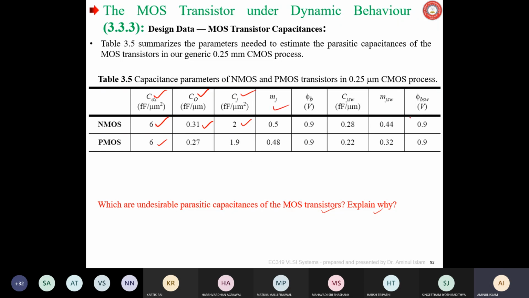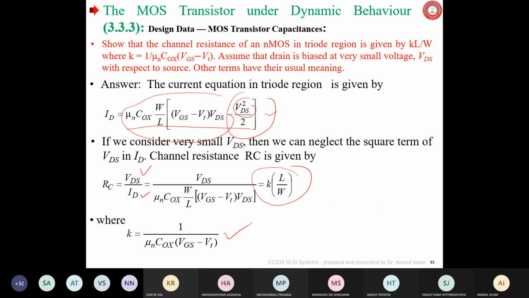And these are the junction grading coefficients. This is for the sidewall. Now we'll go to the next.